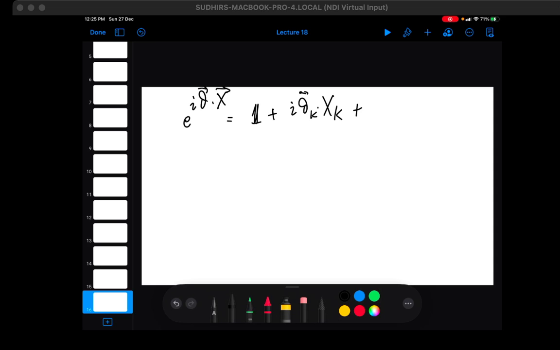When you expand the second term, there will be theta_i theta_j type terms, right? So theta_i theta_j. These terms will end up being something, essentially the coefficients of theta_i theta_j.